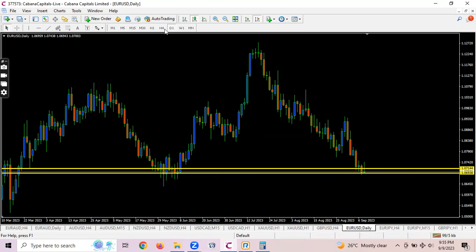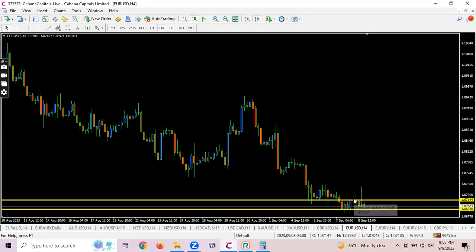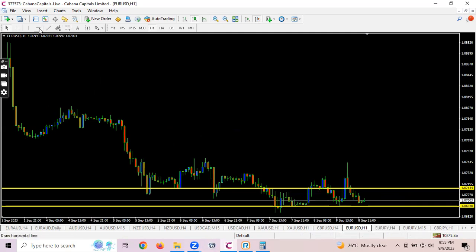Okay, so let's go down to 4 hour. We need to identify resistance on 4 hour. You can see the daily resistance was also a resistance on 4 hour, right? Let's go down to 1 hour and see the resistance on 1 hour. Okay, so on 1 hour, we have our resistance here, right?